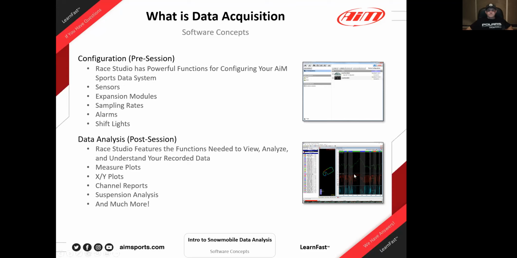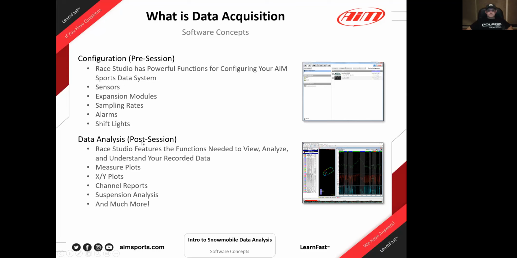That is with a program that looks like the bottom half, which is Race Studio 2 analysis. We've got a Race Studio 3 analysis in beta, and it'll be just another button up here, an analysis button in Race Studio 3. Right now, there's just a big 2 there. It takes you to this older piece of analysis software that we're going to use today because it's still production.